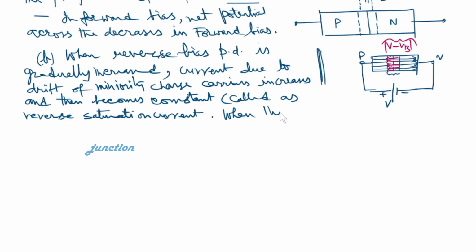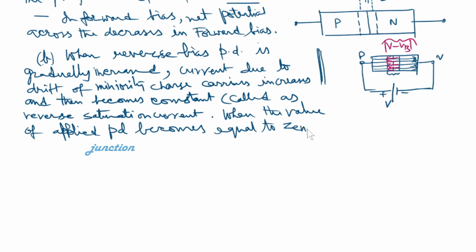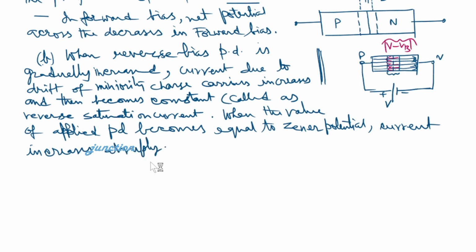When the value of the applied potential difference becomes equal to the Zener potential, the current increases abruptly. And this happens to be the graph in reverse bias.